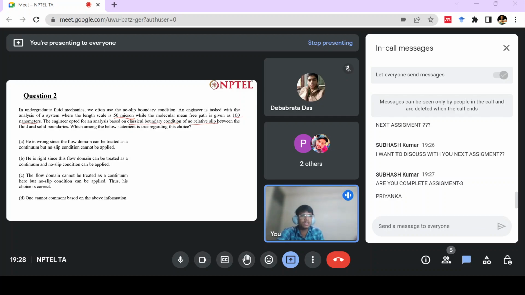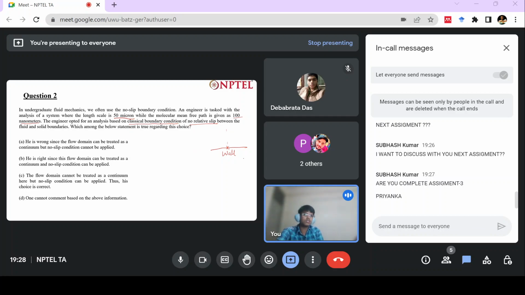So what is the no slip condition? If there is a wall and there is a fluid, the fluid will have some velocity.